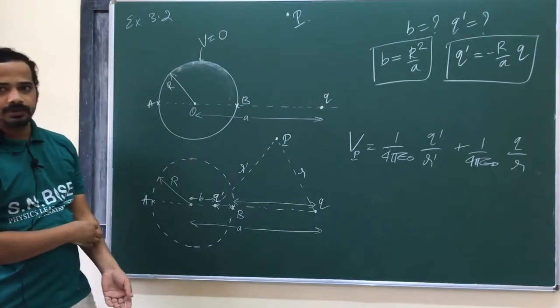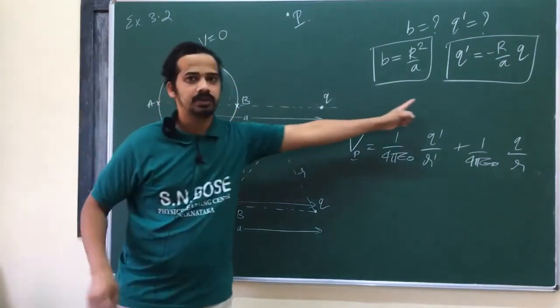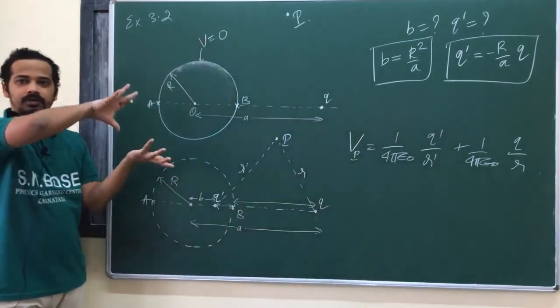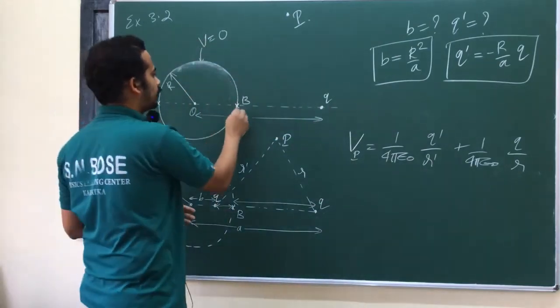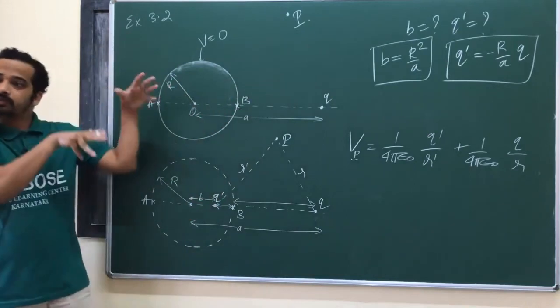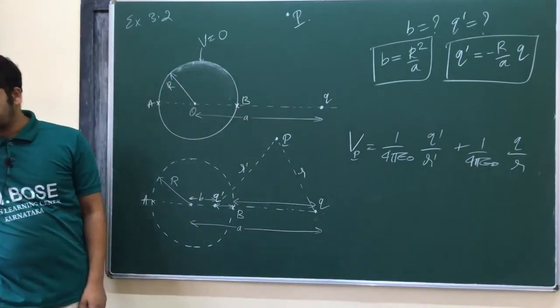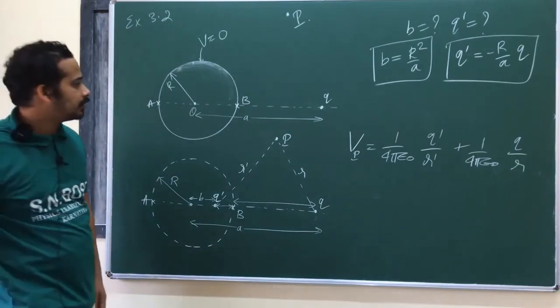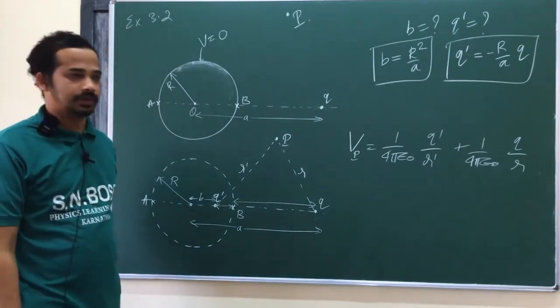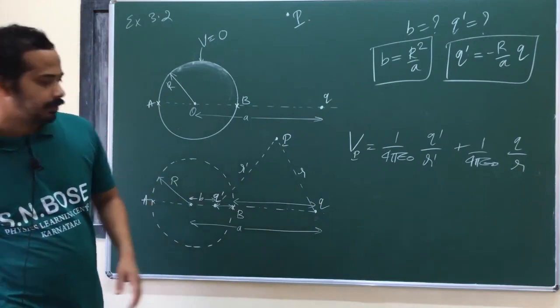Even though there exists a charge distribution, minus and all, it will have azimuthal symmetry. So in that case, you can write the potential in terms of r and theta alone, independent of phi. Can you think of it?